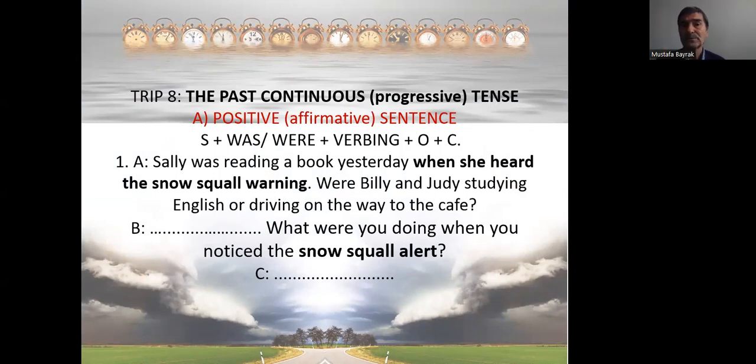After all the to be variations, we use verb plus ing: after was, were, after be, after being. We will learn them soon. And of course, object and complement as usual.